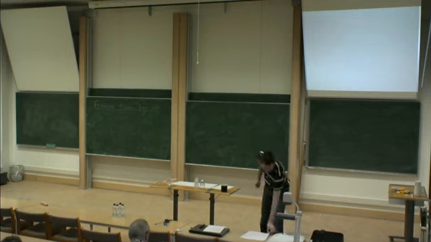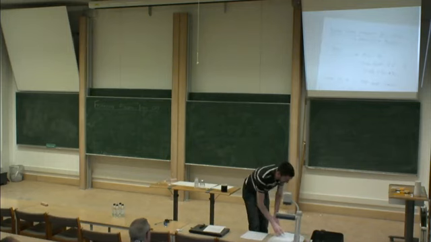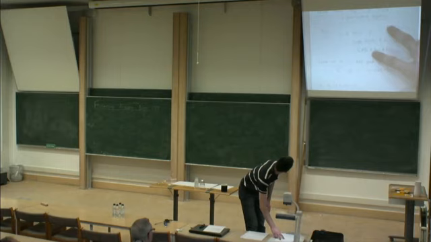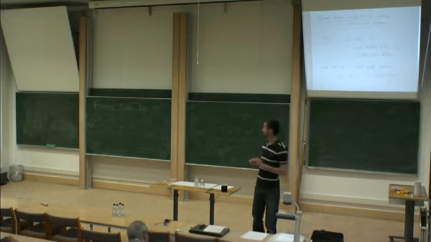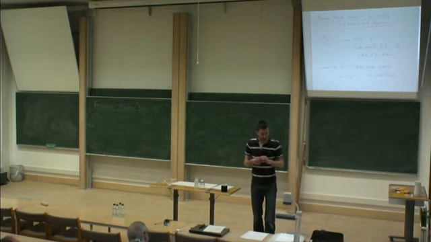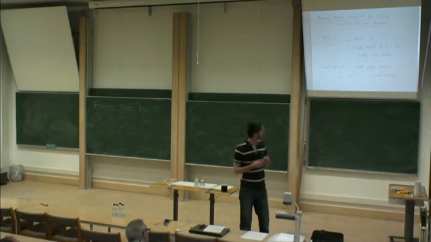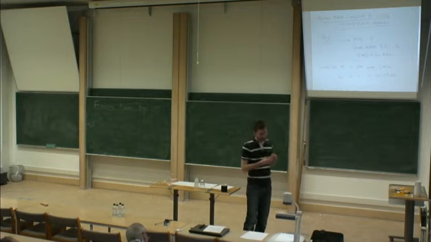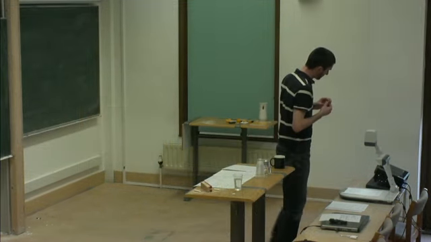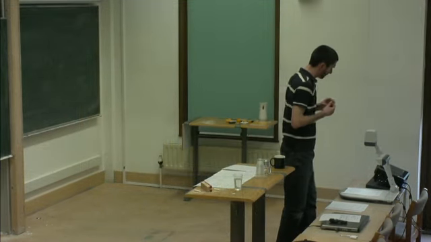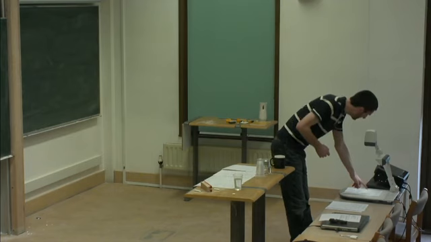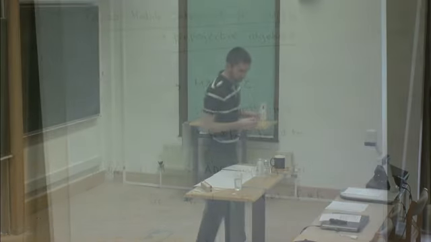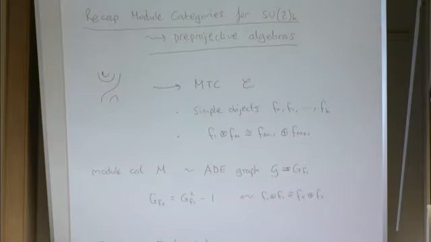But first, let me recap very quickly the first half of Alistair's talk and present it in a way which will be more convenient for me and in a way I understand a bit better. So we can construct a modular tensor category C starting from some Temperley-Lieb diagrams, as Alistair described.